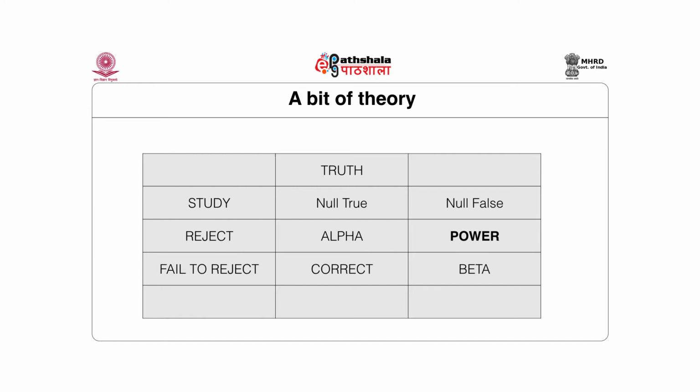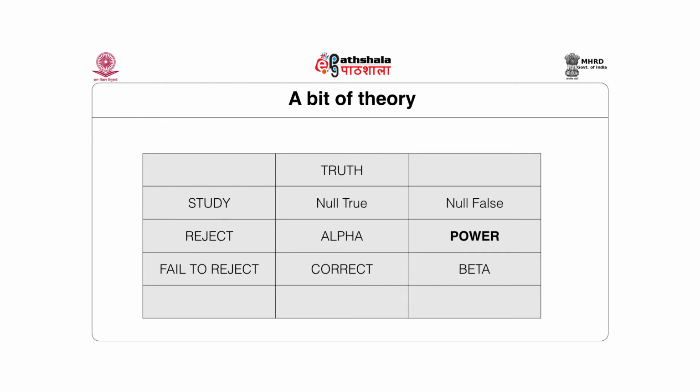So it's called the power of your study. Therefore, you set the power of your study to about 0.8 or 0.9, that is 80% or 90%.